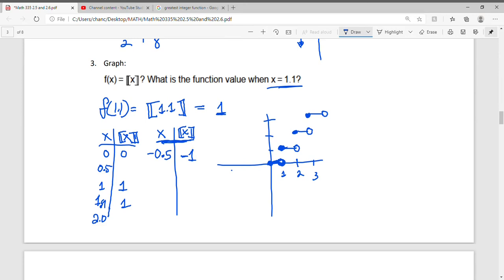We could try some more values. Negative 1.1. The greatest integer that's equal to this or less is actually negative 2. So now if we plot the graph, we have something that looks like this. It's a staircase pattern again. It's still continuing down in this fashion. So this is our graph of the greatest integer function.